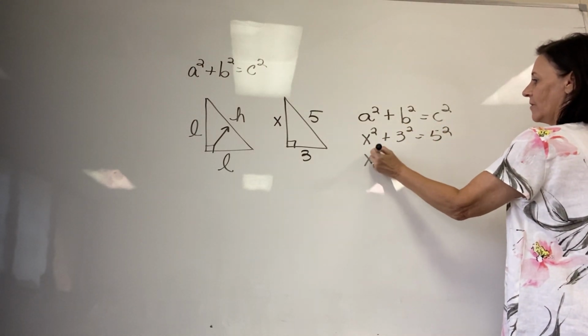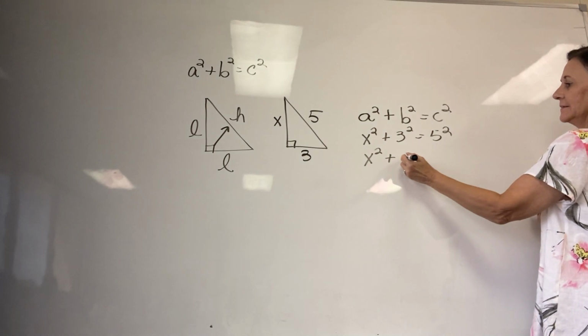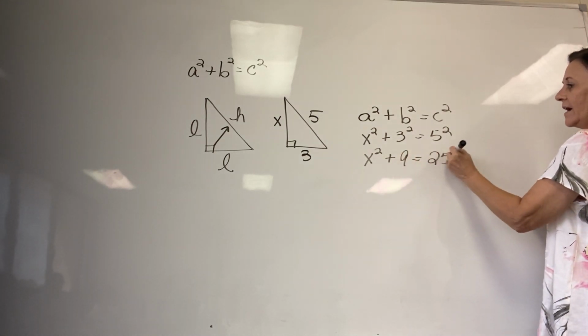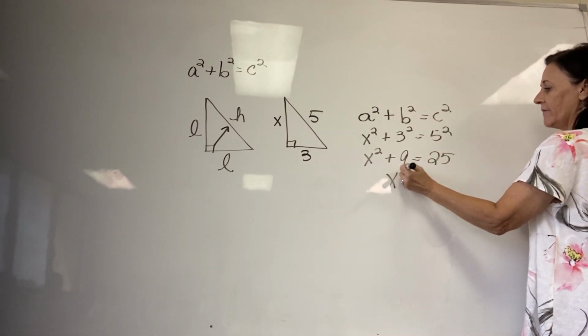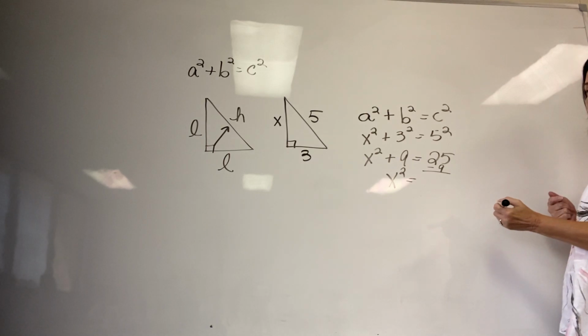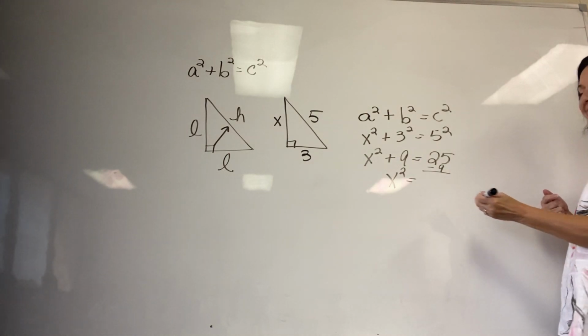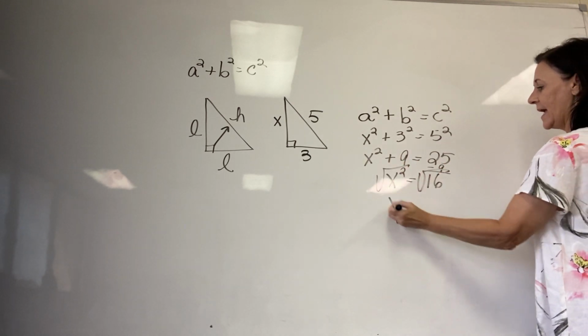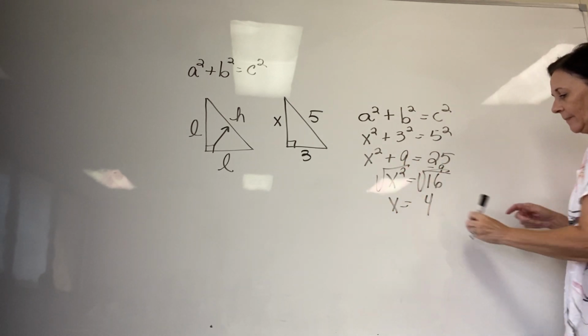All right, so x squared plus 9 equals 25. I subtract 9 on both sides. I have x squared equals 16. I take the square root on both sides. x equals 4. Okay.